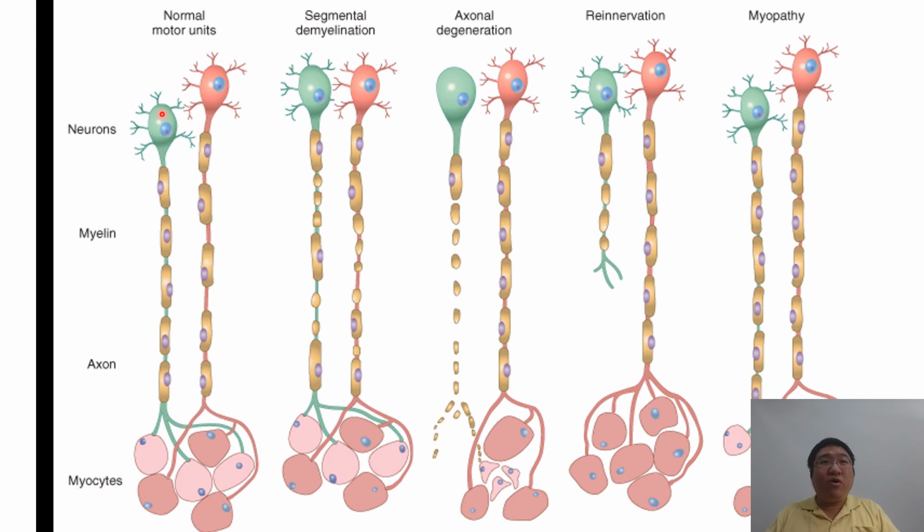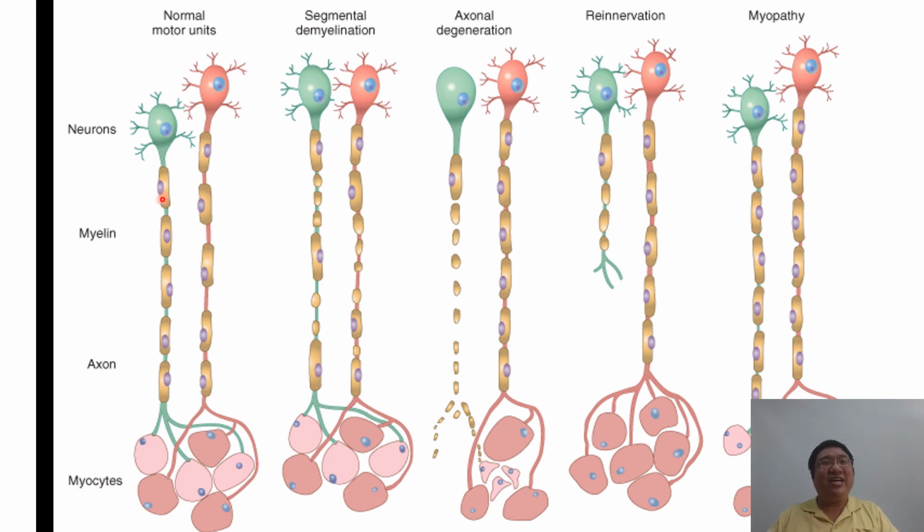So a normal motor neuron, just like most motor neurons, is a multipolar neuron, right? And the axon is wrapped by myelin sheath, which is produced by Schwann cell. The cell that is equivalent to the Schwann cell in the central nervous system is the oligodendrocyte.